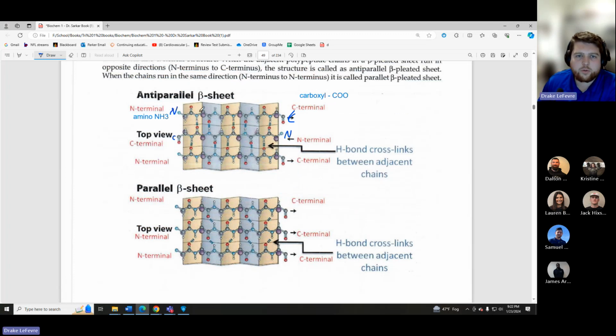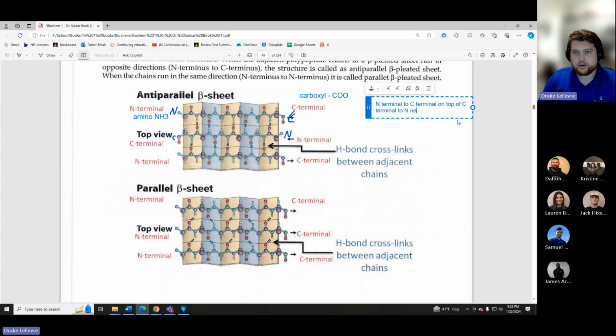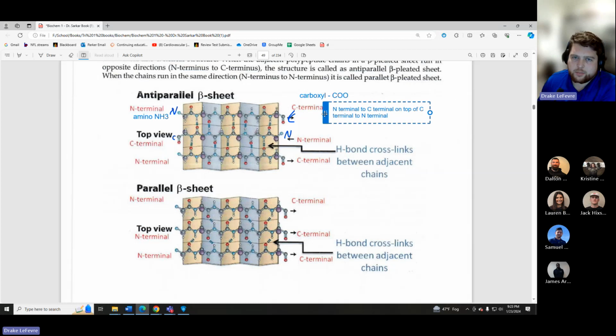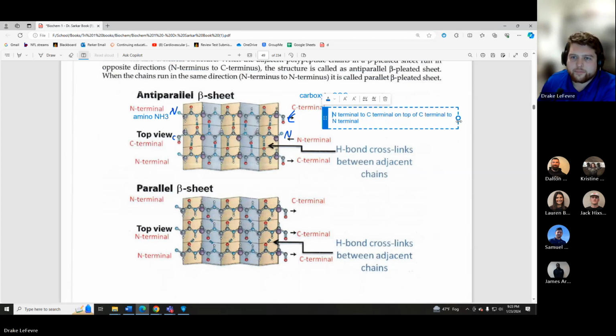So you have antiparallel. The way that he'll ask his question, the answer will be in the form of N terminal to C terminal on top of C terminal to N terminal. That would be the answer to a question like, in an anti-parallel beta sheet, which direction does the polypeptide chain run?